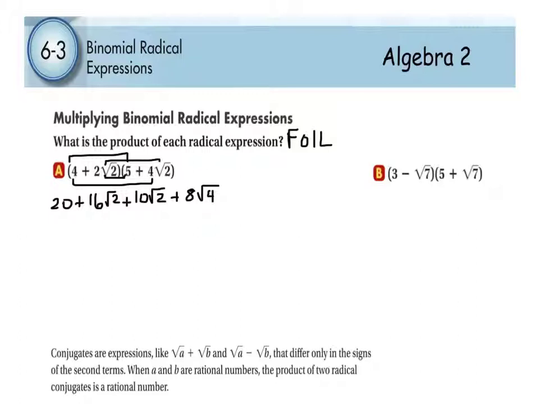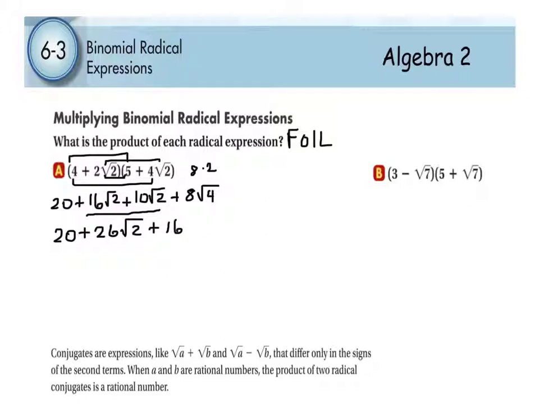The next step is to combine like terms and simplify some things. These two right here are like terms because they have the same root with the same index. So I've got 20 plus 26 times the square root of 2 plus this right here, which is really 8 times 2 because the square root of 4 is 2, which makes this 16.